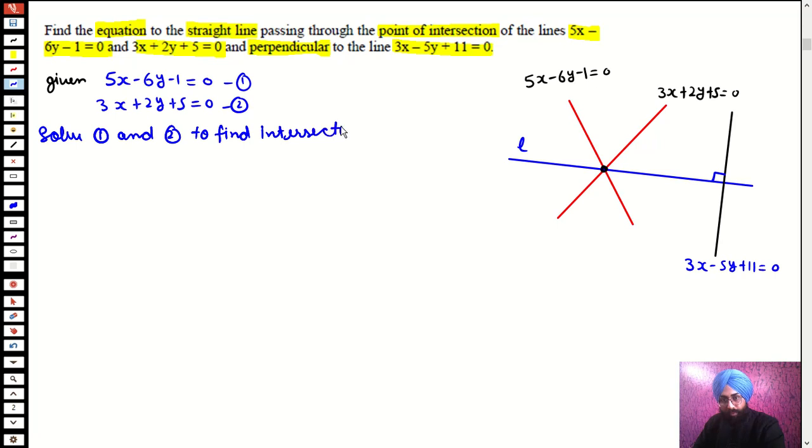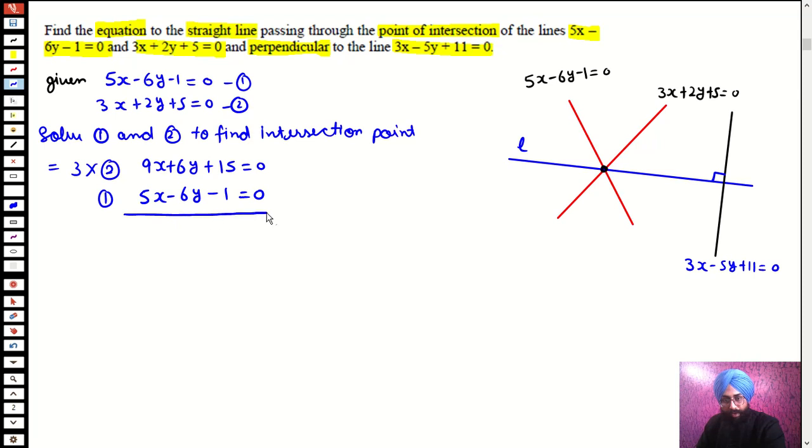We are using the elimination method. I am trying to make the coefficients of y equal. So I will multiply equation 2 by 3, so it becomes 9x + 6y + 15 = 0. And I'm writing the first equation as it is: 5x - 6y - 1 = 0.